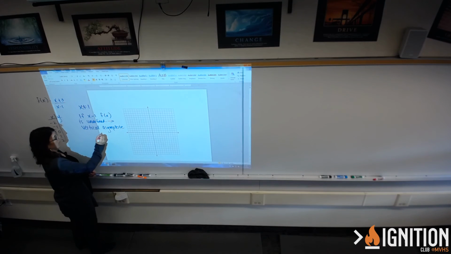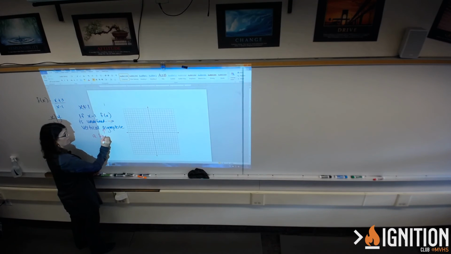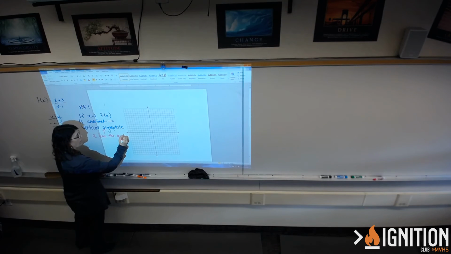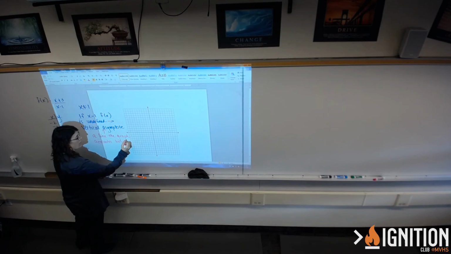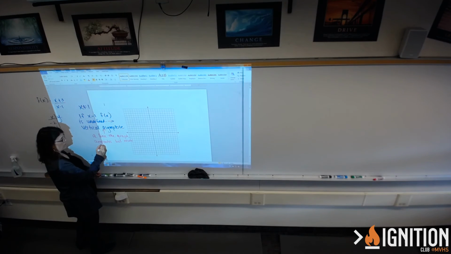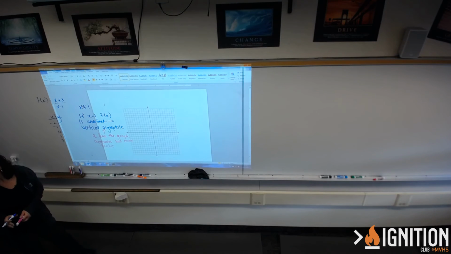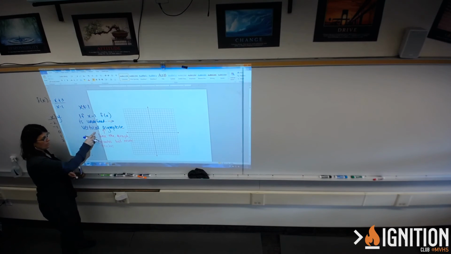Good. We did asymptotes earlier in the semester with exponential functions and log functions. You can never, ever, ever in your whole math life have 0 in the denominator. Never can happen. Undefined: vertical asymptotes.